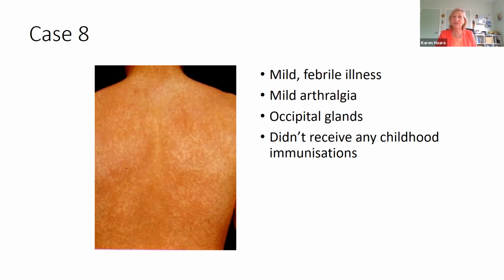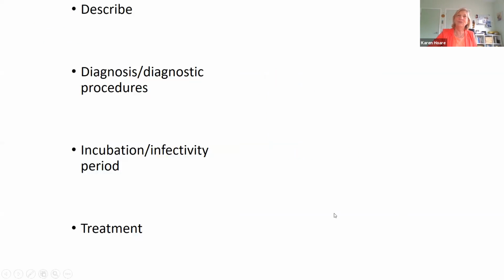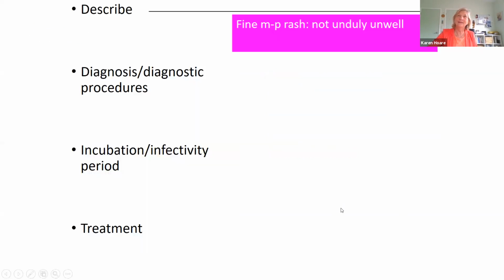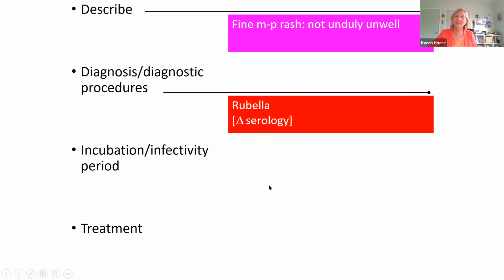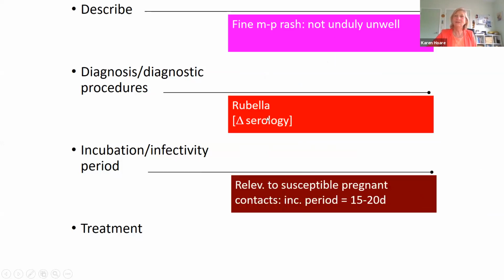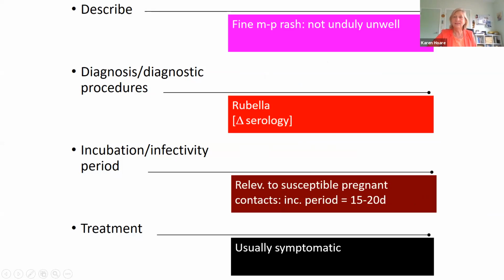And of course, who are we going to protect? Fine maculopapular rash, not unduly unwell, relevant to susceptible pregnant contacts. So that's why we're very keen that people are immunized.